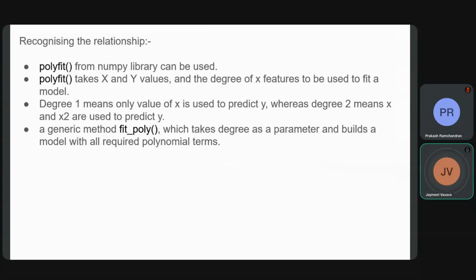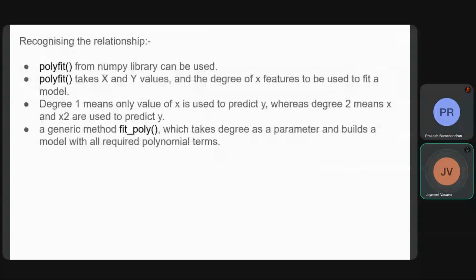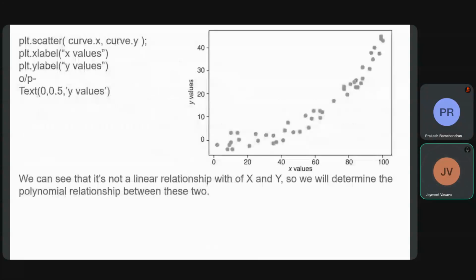In order to recognize this, there is a method called polyfit. Polyfit takes in the value of the degree for this relationship, and when we fit it with the data that we have, it gives us the relationship and how the model is able to predict it or not.